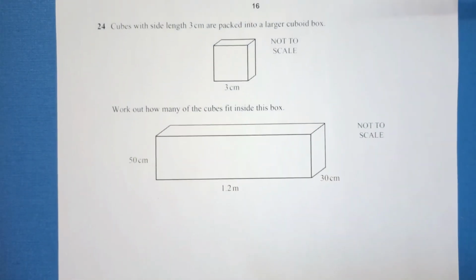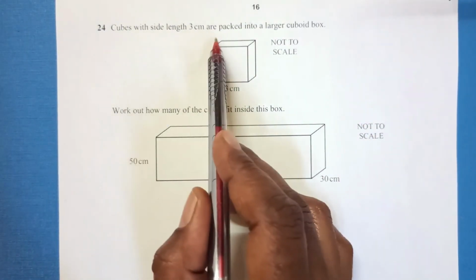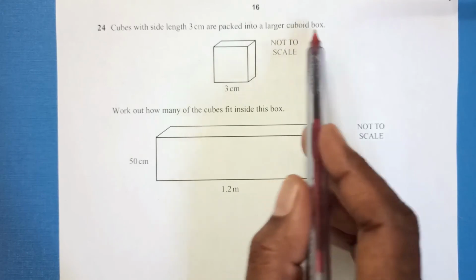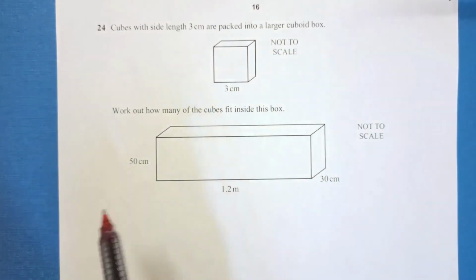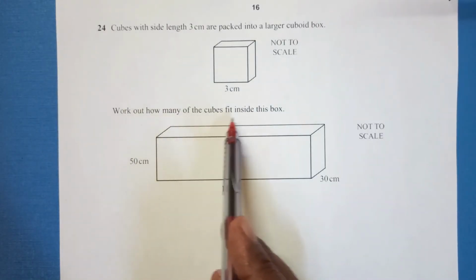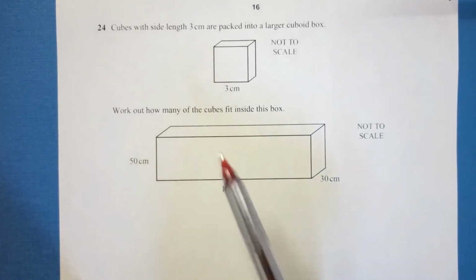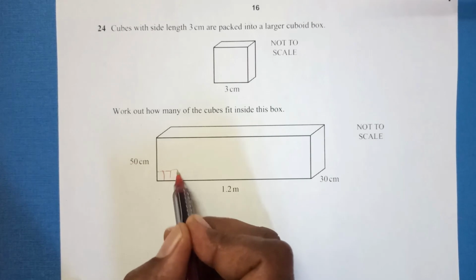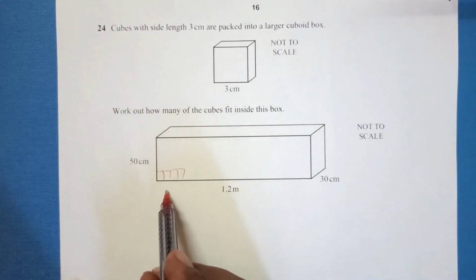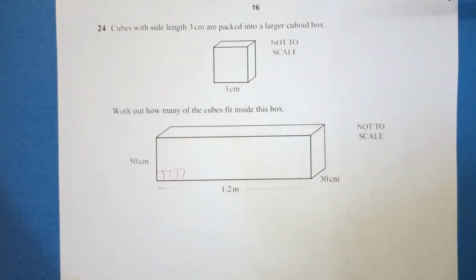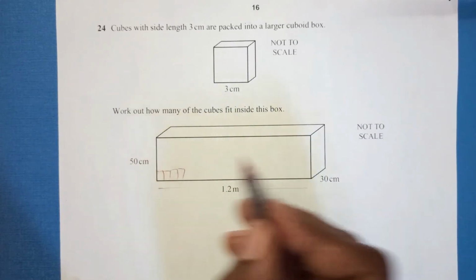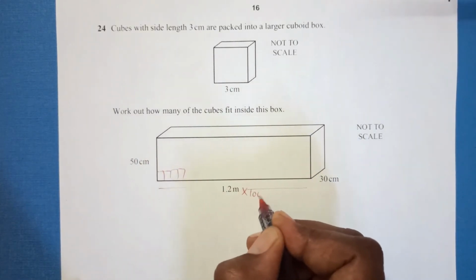Number 24. Cubes with side 3 cm are packed into a larger cuboid box. So these are the cubes. Work out how many cubes fit inside this box. We have this bigger box and we need to fit these small cubes. Along the length we have 1.2 meters. Because these are in centimeters, we multiply by 100.